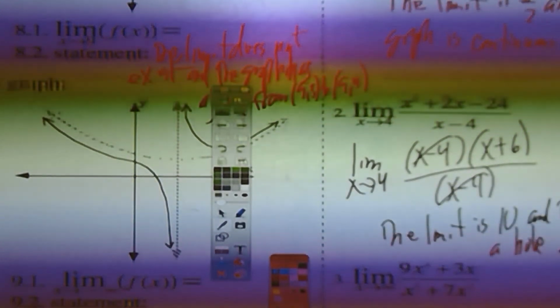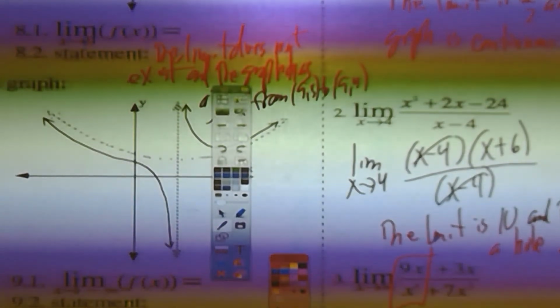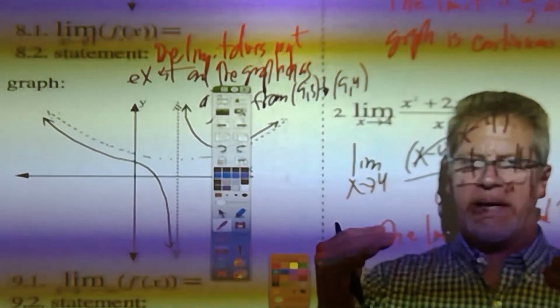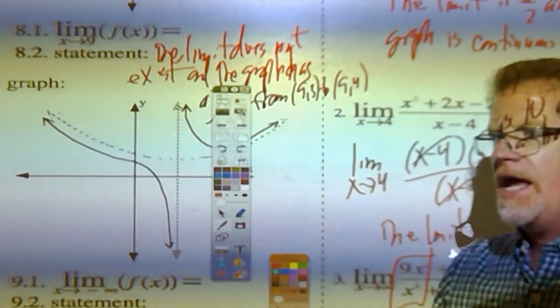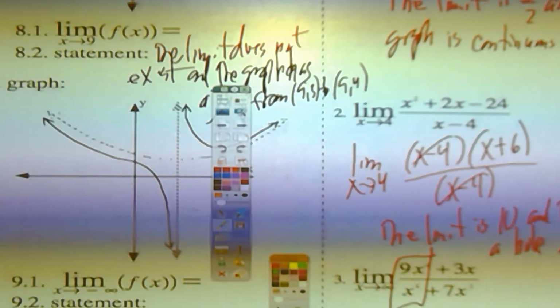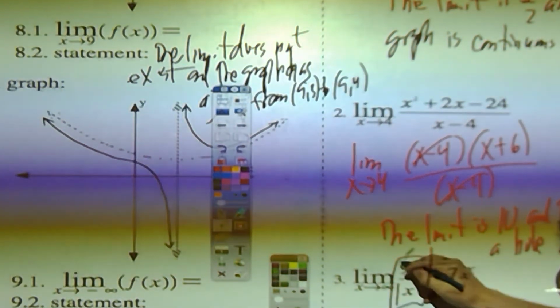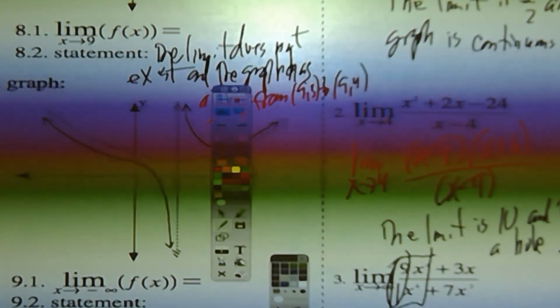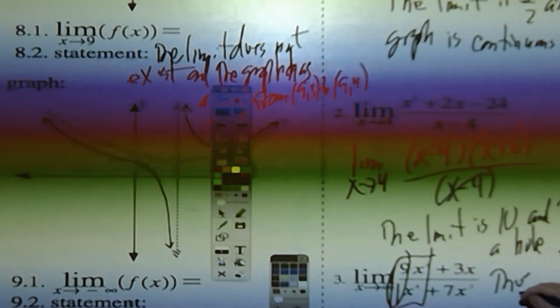Now, limits at infinity. This is a nice review of college algebra because do you remember how every rational function is either top-heavy, balanced, or bottom-heavy? If it's bottom-heavy, the horizontal asymptote at infinity is 0. If it's balanced, this would actually have a horizontal asymptote of 9 over 1. Since it's degree 4 over degree 4, it is balanced. And so we can say the limit is 9.